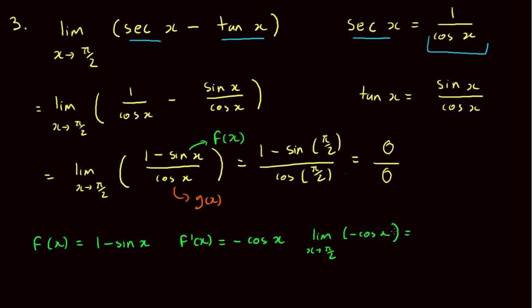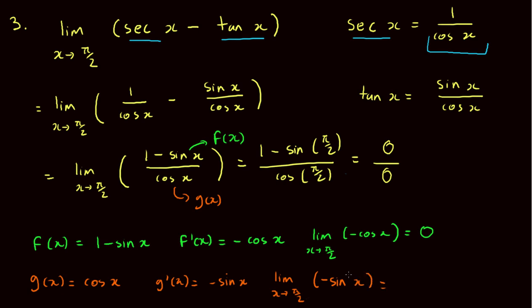As x approaches pi over 2, negative cosine of x is still 0. And for g(x), we know that g(x) is cosine of x, so the derivative is negative sine x.